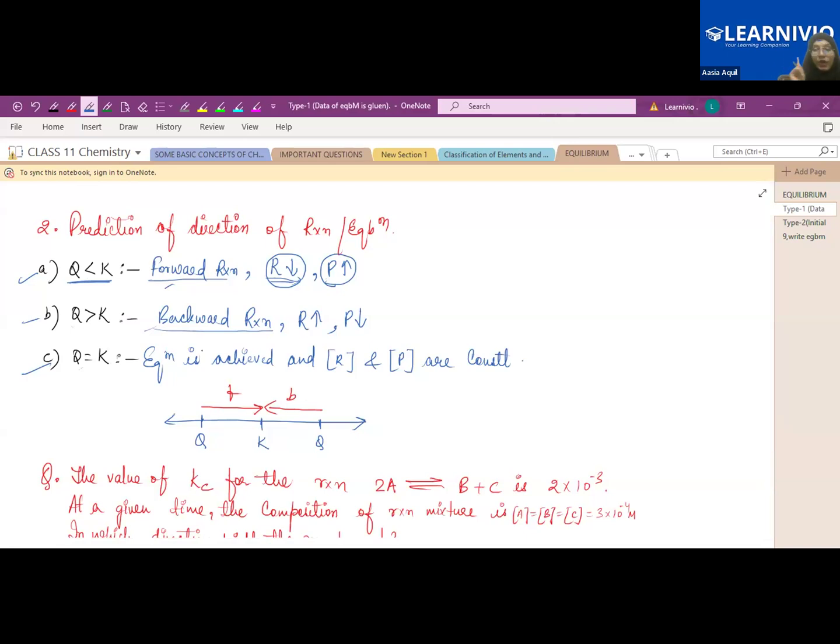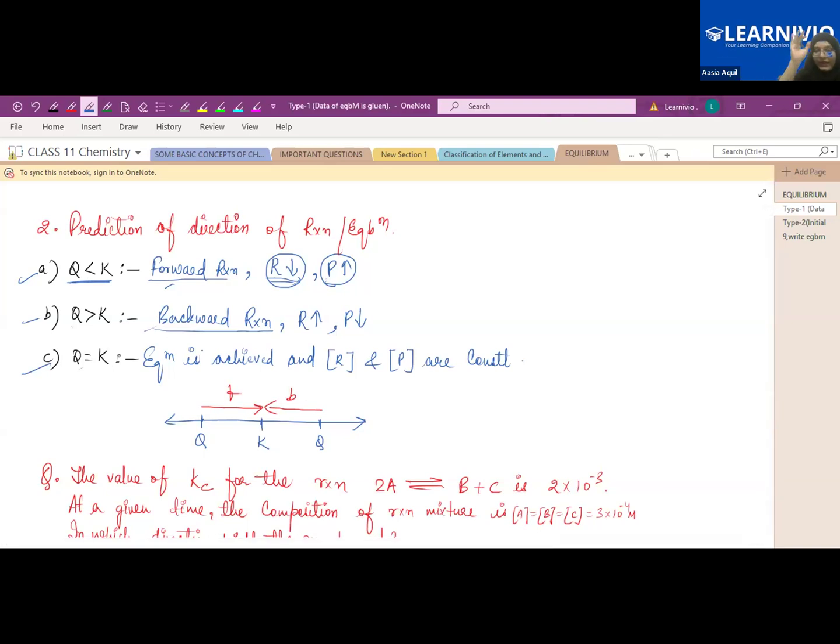They are not equal. Constant does not mean that they are equal. The concentrations may be equal, but it is not compulsory that the concentrations are equal at equilibrium. The concentration will become constant.